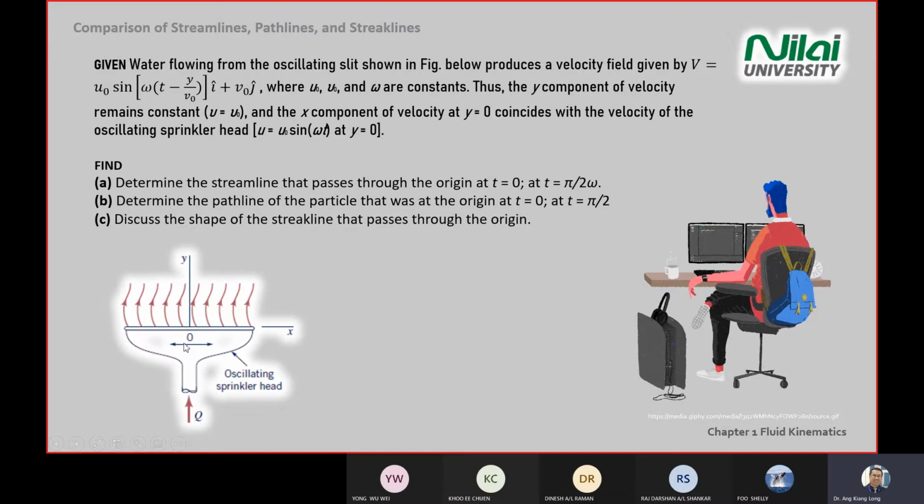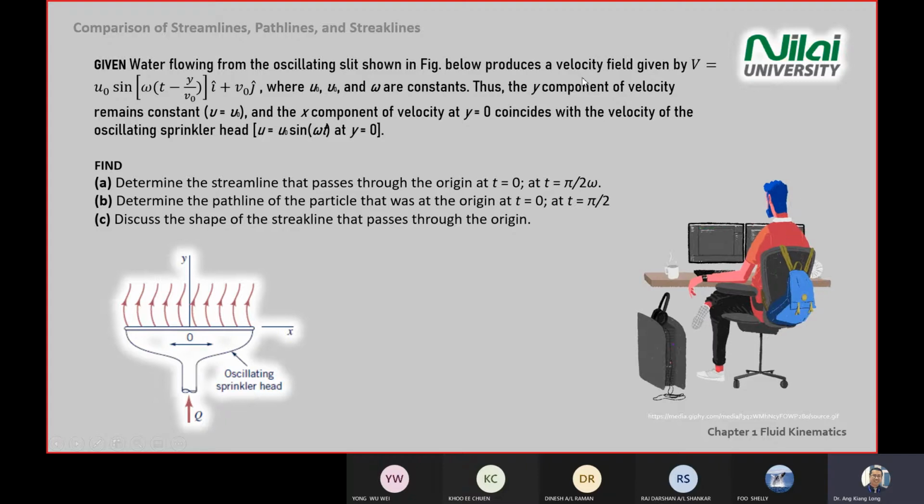You are given a reference axis at the center of this head, denoted by O, the origin. Your X direction is to the right, and your Y direction is the vertical direction. If you are dealing with 3D, it means Z is coming out of your screen. So let's look at the equation given.